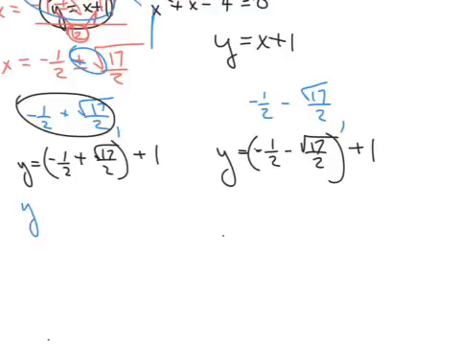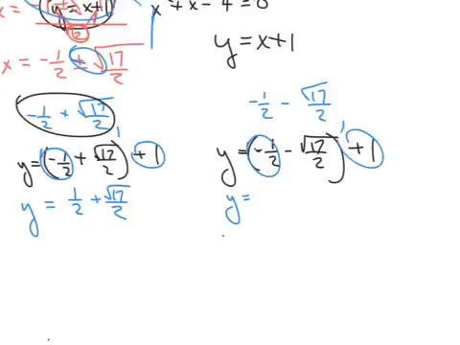Alright, so over here I'm getting y equals, I can add that and get 1/2. And over here I'm going to take that and add it to that, and I'm going to get 1/2 minus the square root of 17 over 2.